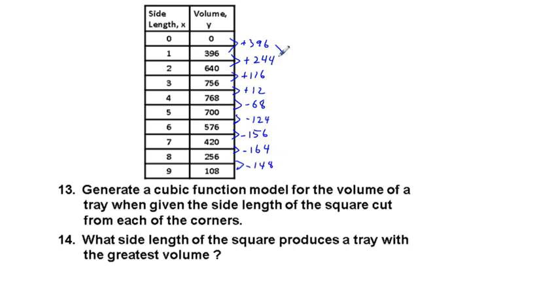Okay, the second differences. We have 244 minus 396. We get negative 152. Then we have 116 minus 244.